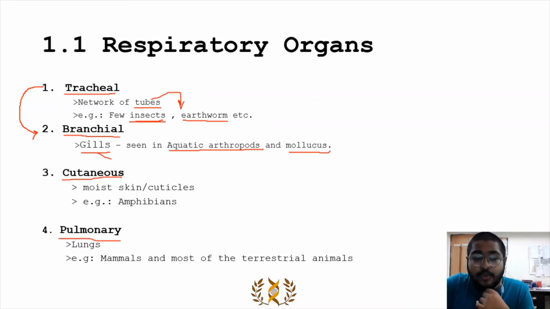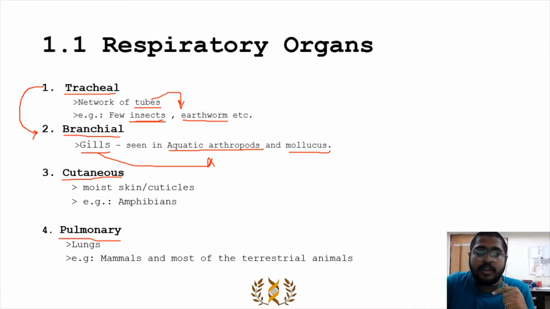People tend to forget this very important point. So the branchial ones are seen in aquatic arthropods, mollusks, and obviously fish.